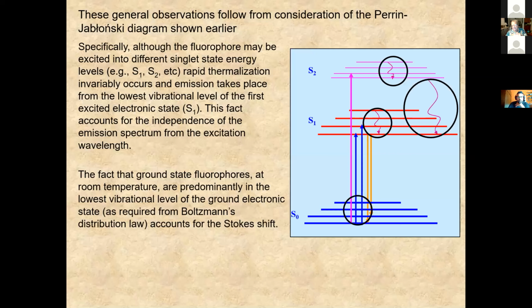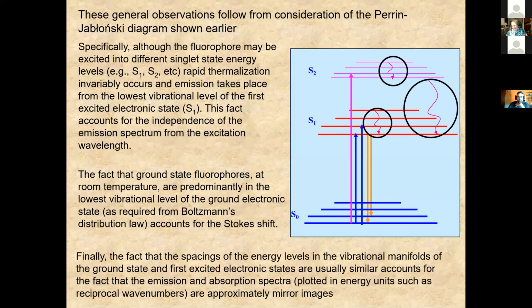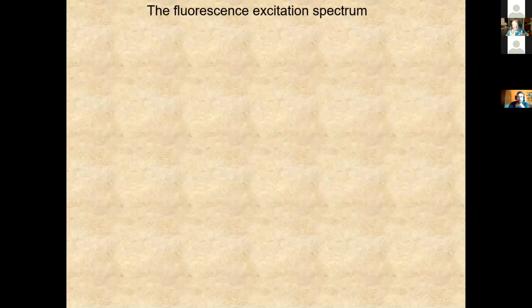But the fluorescence is always from the same part, and the fluorescence can go down to different vibrational levels. So if it goes to a higher vibrational level, of course, it will have a lower energy. So that accounts for the Stokes shift. And the fact that the spacings of the vibrational manifolds in the ground and first electronic state are usually similar accounts for the approximate mirror image relationship.